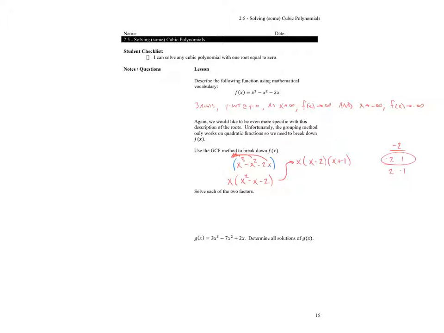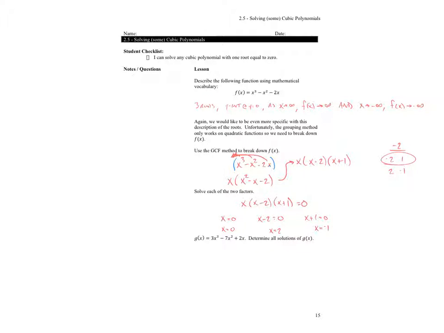All right, so we've factored that whole polynomial. Now, if I'm going to solve, then I'm going to have to take this thing and set it equal to 0. So x times x minus 2 times x plus 1 equals 0. Since I'm solving, I now have to set each of these factors equal to 0. So then we have three roots. x is equal to negative 1, x is equal to 2, and x is equal to 0.